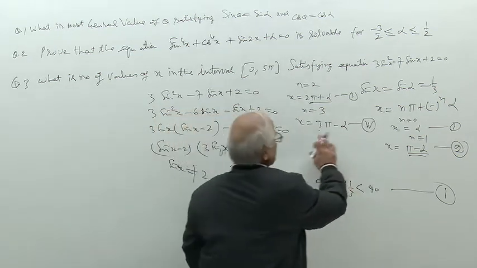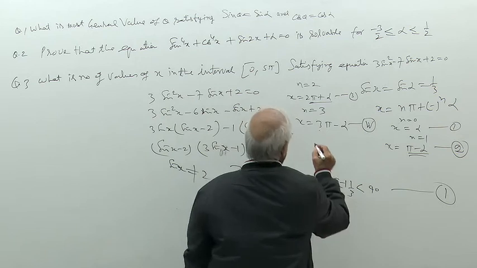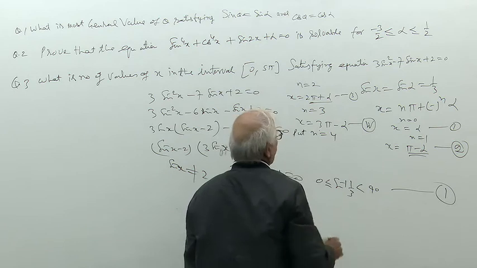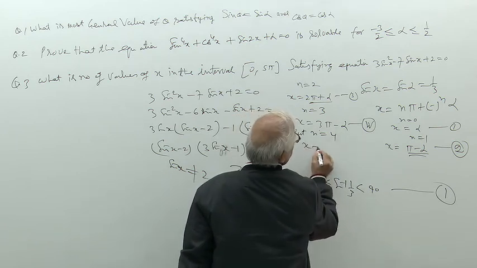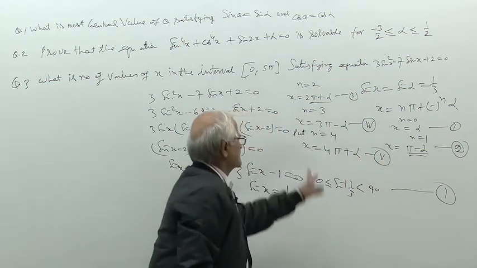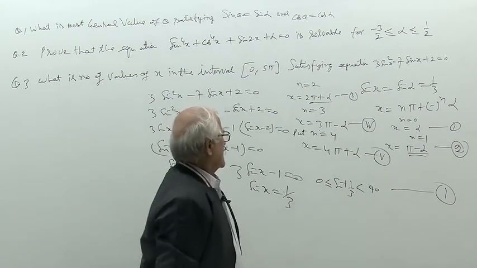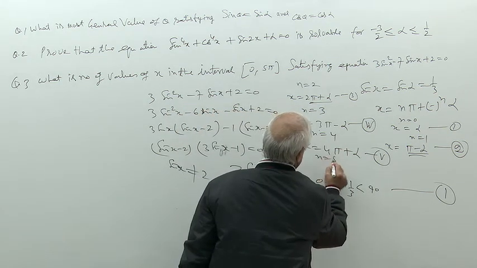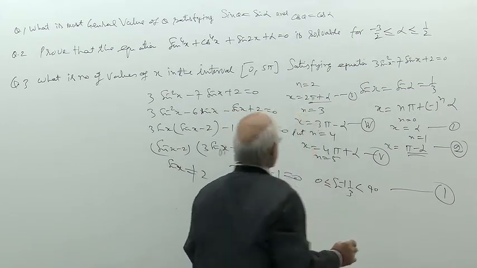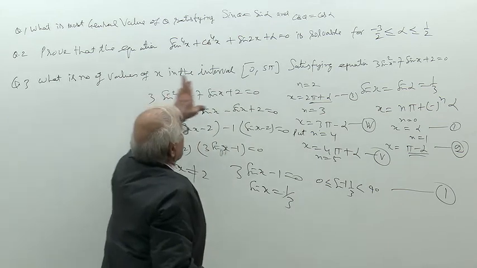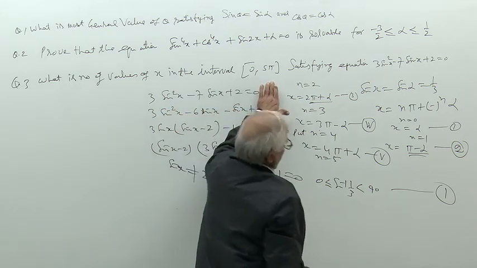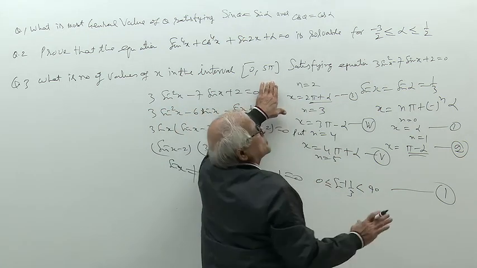Now put n is equal to 4. Then we get x is equal to 4 pi plus alpha. This is the fifth value. If we now take n is equal to 5, we could go up to infinity, but here we are testing in the interval 0 to 5 pi, so we take only up to 5 pi.